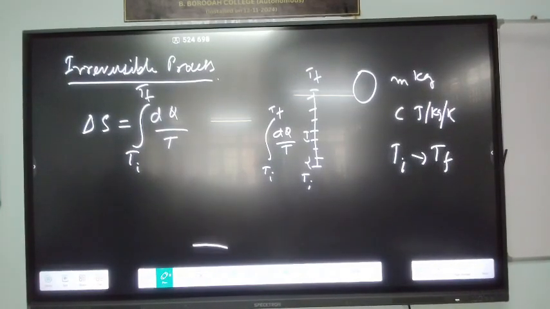Okay, so whenever there is a change in temperature, I can find out the change in entropy by integrating from Ti to Tf. And I am realizing it by considering very small steps.